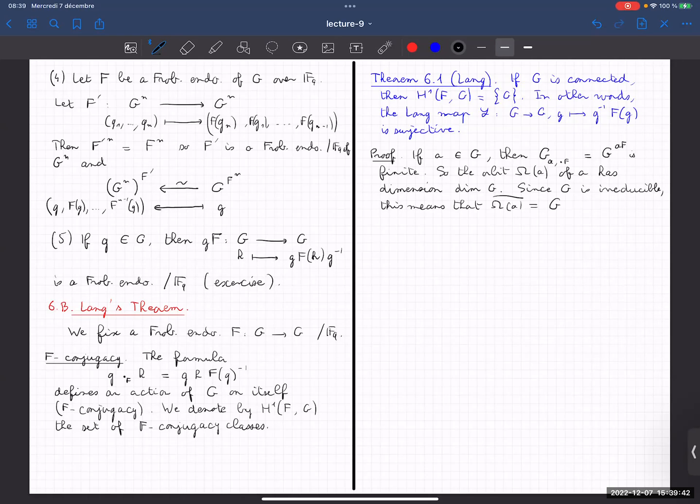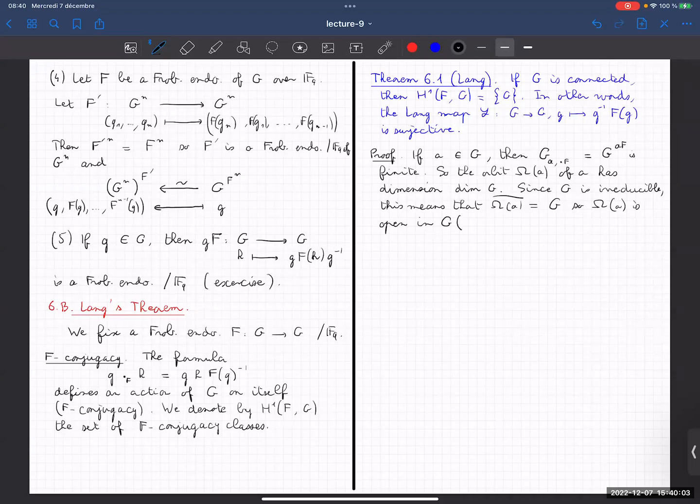And I recall that an orbit under the action of a group is always open in its closure. So in fact, this implies that omega of A is open in G.